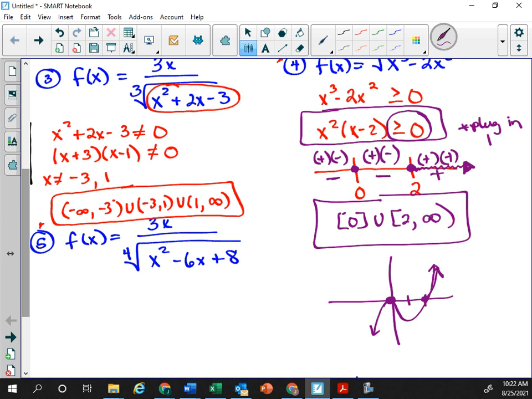You can graph it if you like graphing. Usually people don't pick that method. But you can see then where is it greater than or equal to 0, meaning when is it on the x-axis or above it, at 0, 0, and from 2 on. Okay, so just another visual of how that domain works.